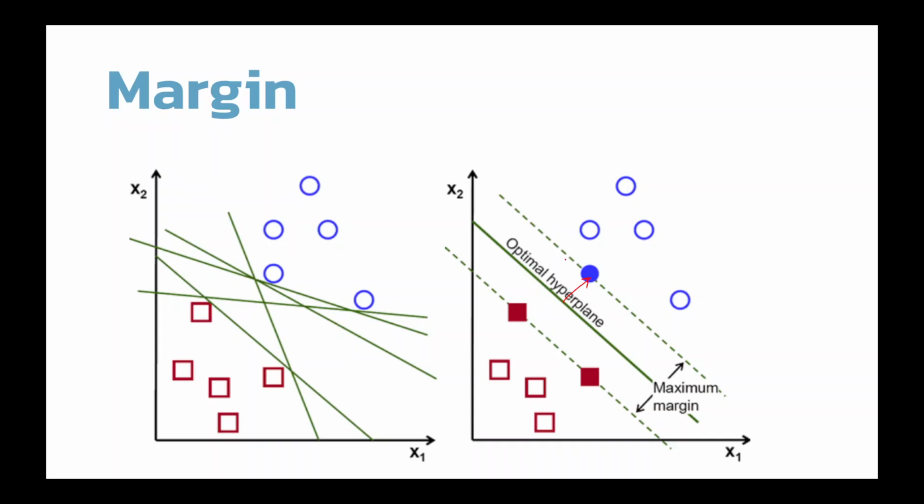For example, this would be my margin from my line to my blue class, and this would be the margin from my dividing line to the red class. To come up with my best line, I want to maximize my margin. That is your optimization problem right here.